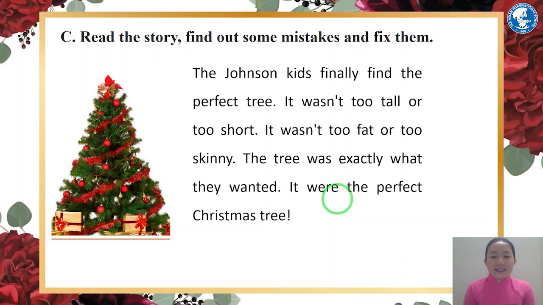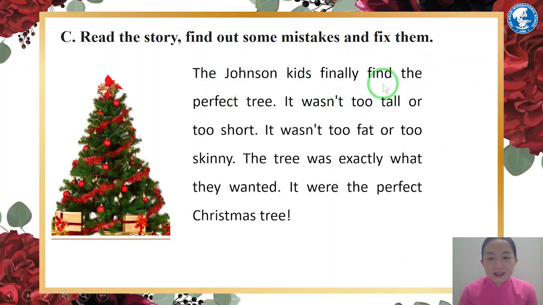The Johnson kids finally find the perfect tree. It wasn't too tall or too short. It wasn't too fat or too skinny. The tree was exactly what they wanted. It were the perfect Christmas tree. Here, can you find the mistake? This line.